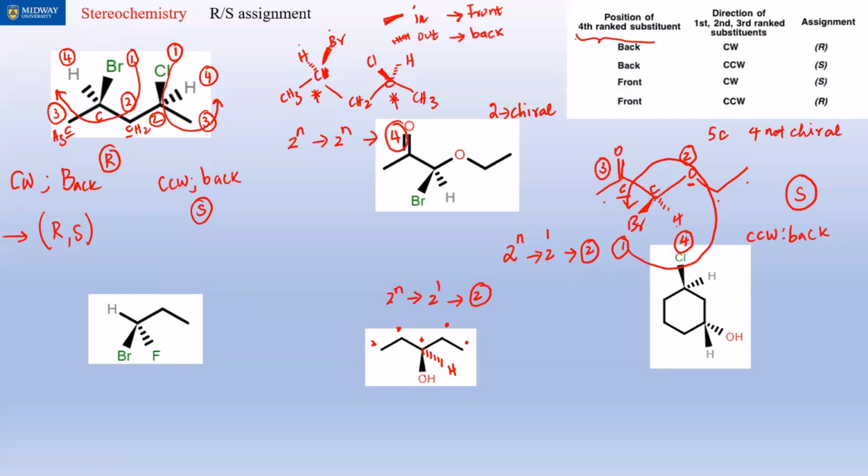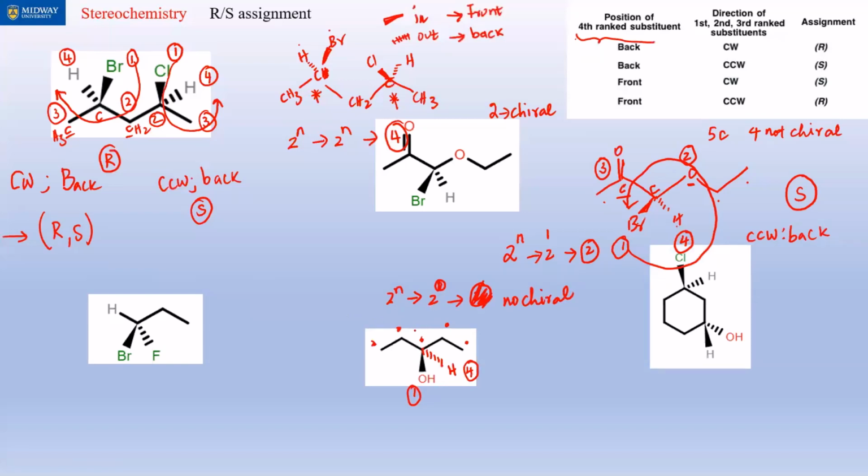And let's assign priority. This carbon is attached to an O, so that's the 1. Hydrogen is 4. On this side, is this a chiral carbon? Oh, actually, no, that's the point, right? The answer is 2 to the 0, no chiral carbon. Why? Even though, as I said, this has in and out, that's not an automatic criterion for chirality.